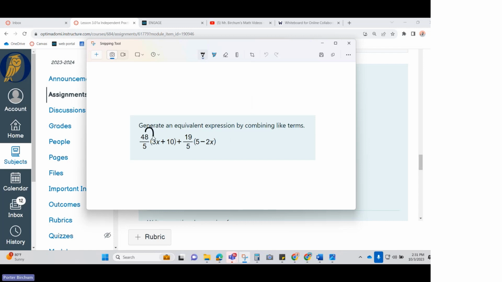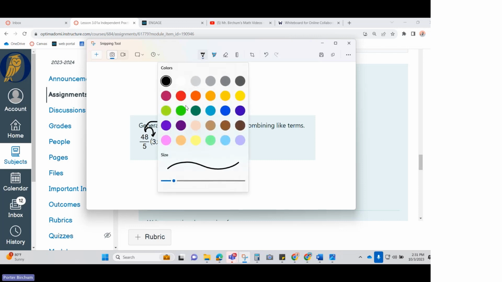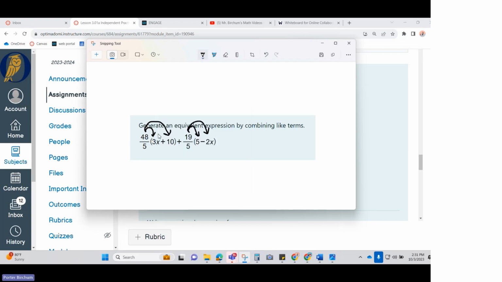We're going to take the number in front of the parentheses and times it to all the numbers inside the parentheses. Our numbers are going to maybe get a little big here. So 48 on top of 5 times 3 on top of 1.